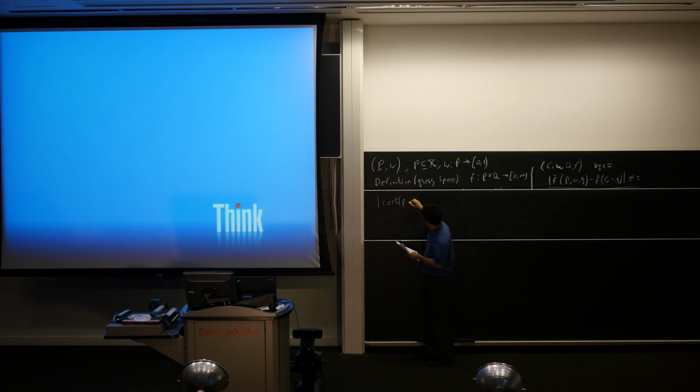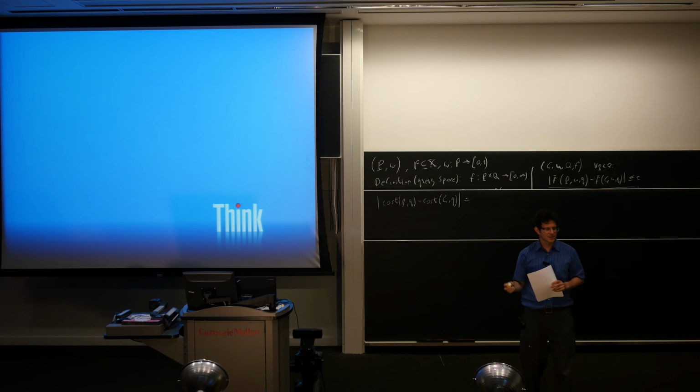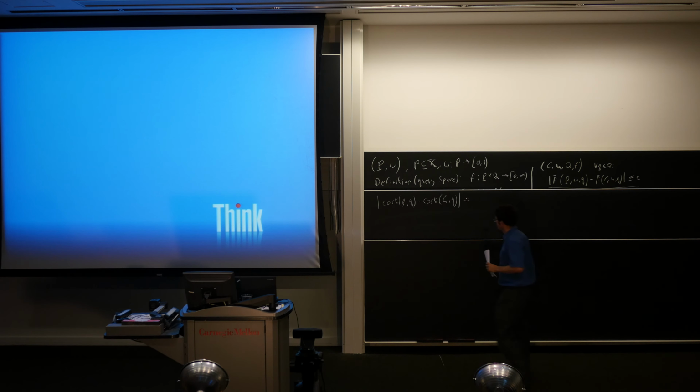We want the cost of P, Q minus the cost of the coreset, Q. We want the error between the cost for the points and the cost for the coreset to be epsilon times this, which means a 1 plus epsilon factor approximation. This was also the equation that we wrote on the board yesterday. So a 1 plus epsilon approximation means that the difference between these two is epsilon multiplied by the original value. This is a 1 plus epsilon approximation. So I want to claim that if you have this, then you have this.